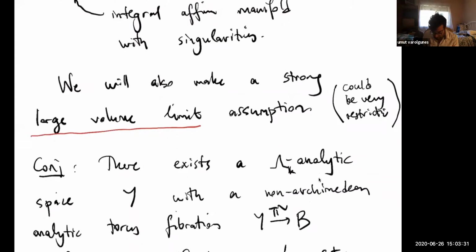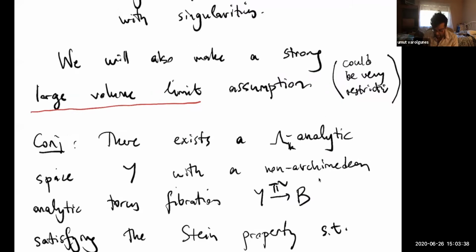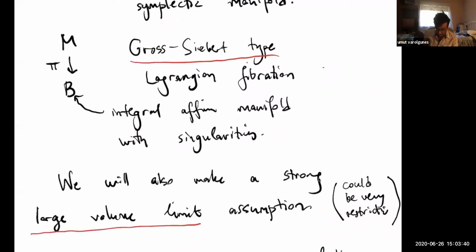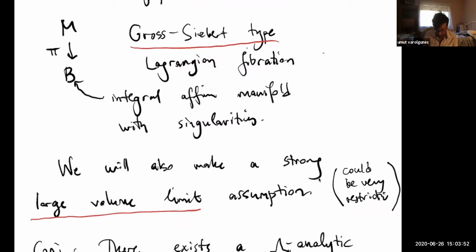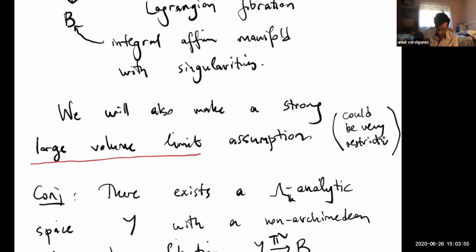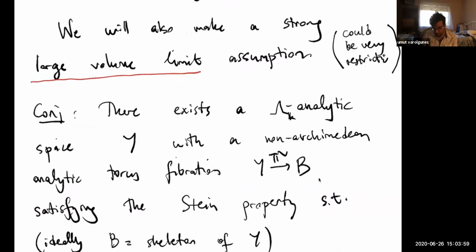Now some kind of vague conjecture. Red underlying terms I'm going to come back to, and say a little bit more about those. Given the data of M fibering over B, which has Gross-Siebert type singularities and satisfies a large volume limit assumption, there should exist a Lambda.